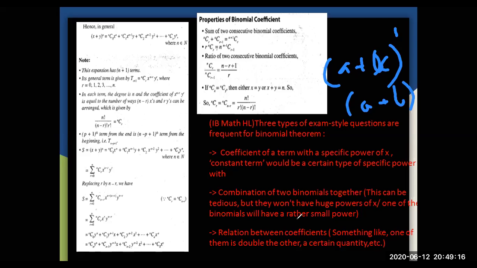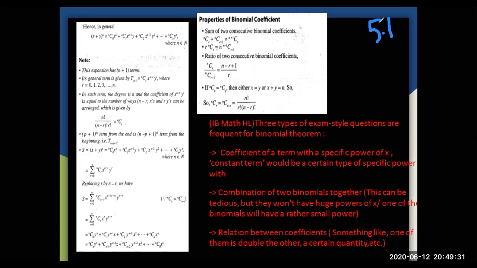Then you have relations between coefficients, where they would give you the value of one of the coefficients, like the coefficient of the fifth term, and that would be enough information for you to find the rest.